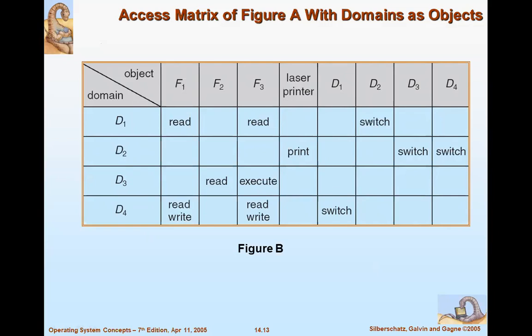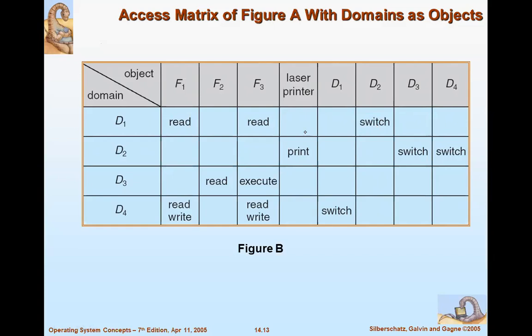You can switch over here in D2. So there is a switching mechanism from D1 to D2, and once you switch, you can have access to the print object over here.